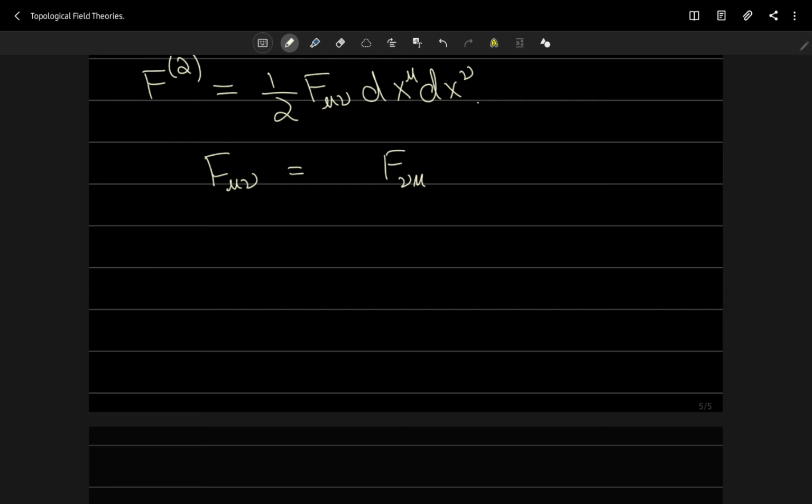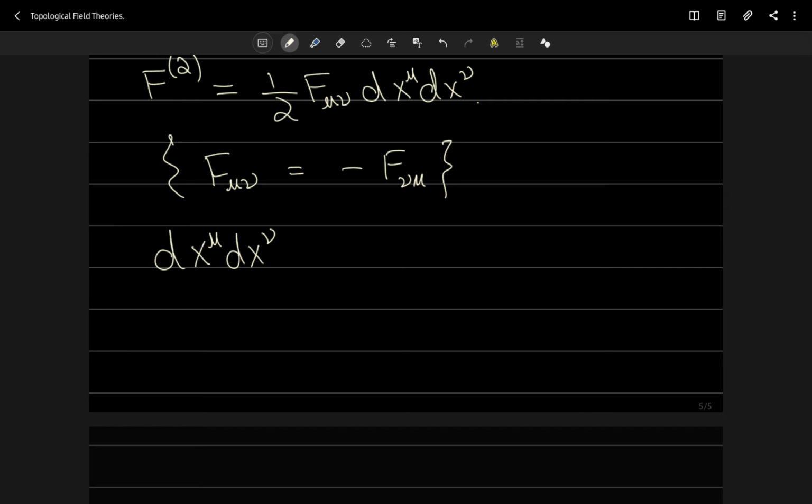I would have to include a negative sign over here, right? That's what I mean by the components have to be antisymmetric. Now, also remember that the basis, again, that is dx mu, should also anti-commute, right?